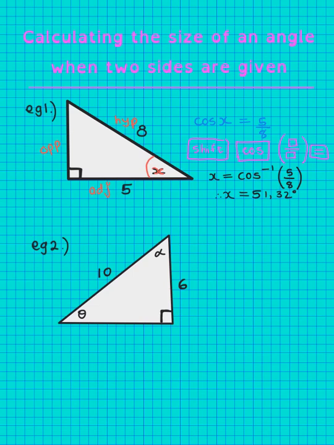So I just quickly want to discuss this cos to the power of -1, because that's definitely not how we're going to say it. We're not going to say cos to the -1, 5 over 8. That's incorrect. The correct terminology that you're using here, we actually say arc cos or arc cosine.